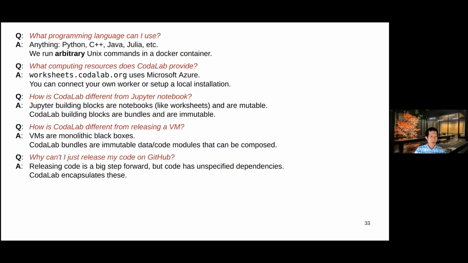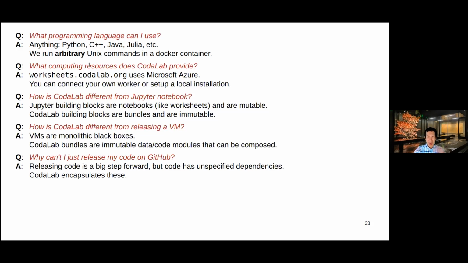What about reproducibility? Can I just release my code on GitHub? Releasing code on GitHub is great, and we do that as well. But I think it's not the same. Code has unspecified dependencies, and I'm sure many of you have downloaded GitHub code, and it's not clear how you run it, or it's missing dependencies. CodaLab really encapsulates all of these things.